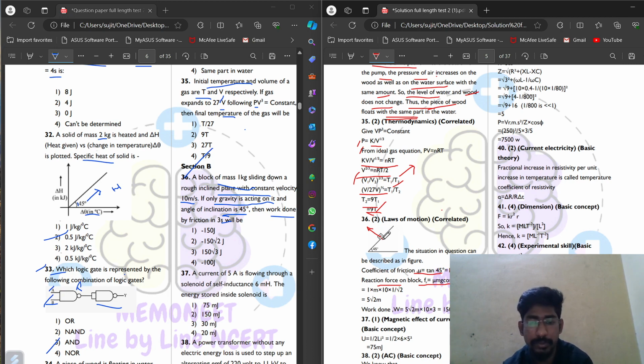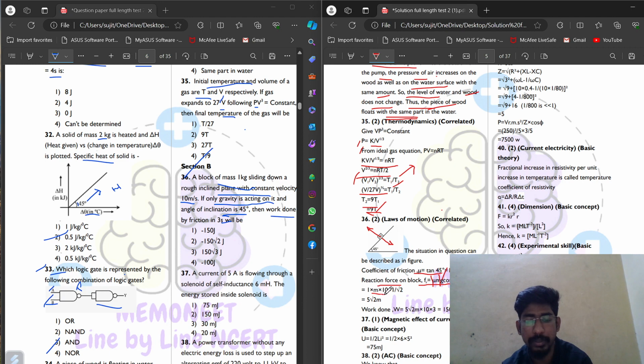So the reaction force will be equal to this. This is the work done. Okay, so that means work done will be equal to mu mg cos theta, right? So mu is 1, mass is already given 1, g is 9.8 or 10, and cos theta is equal to half. So put the value 1 by, the value of cos 45 is 0.707, or 1 by root 2, whatever you say.